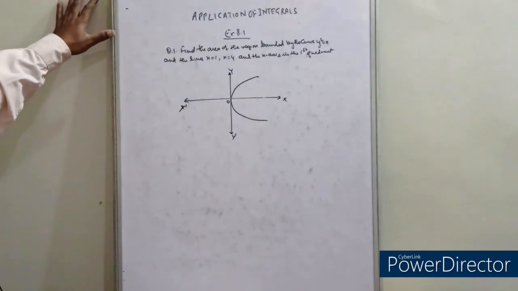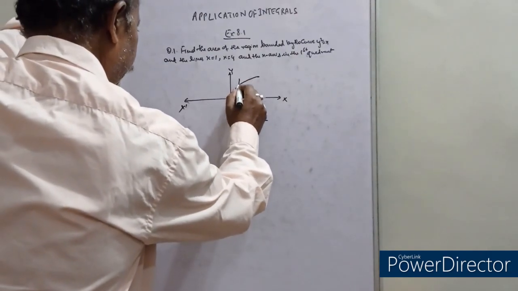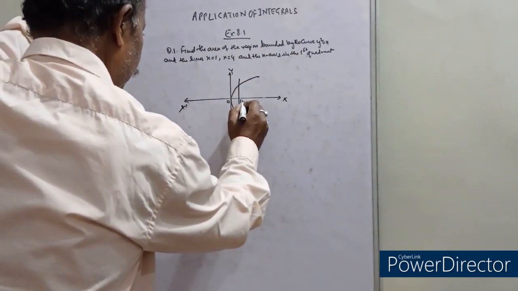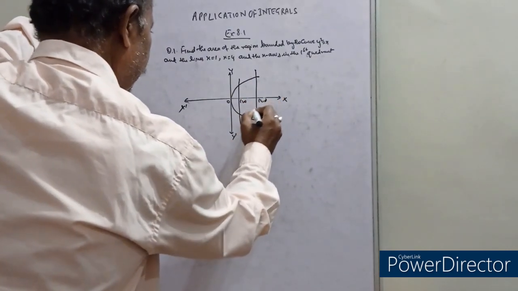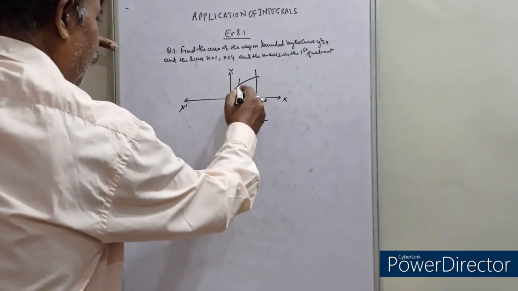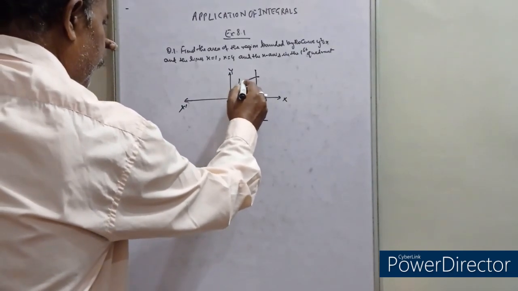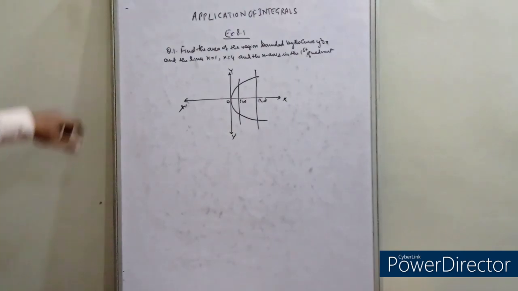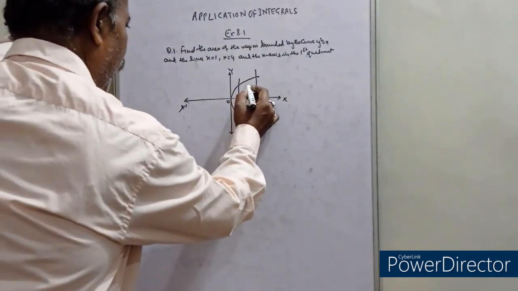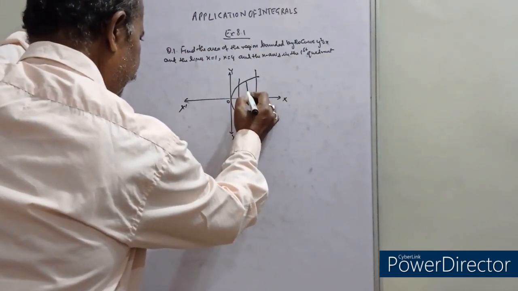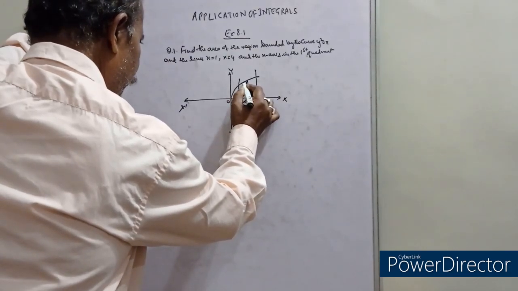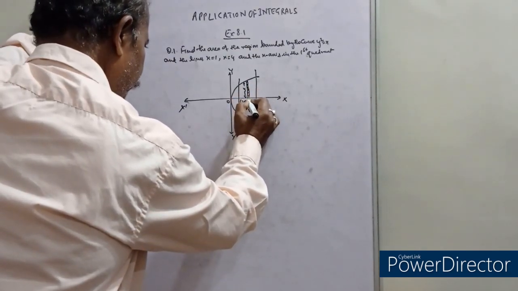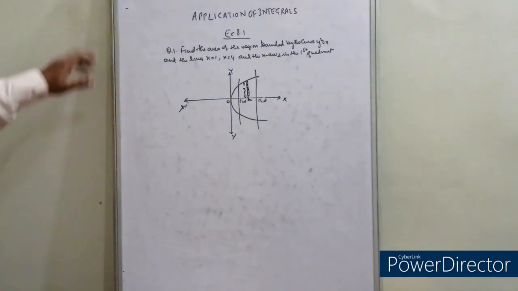Now x is equal to 1, let this be 1 comma 0, and x is equal to 4, this will be 4 comma 0, and the x-axis in the first quadrant, you have to find the area under this region. To solve this, I am going to consider a small rectangle here, whose length is y and whose breadth is dx.